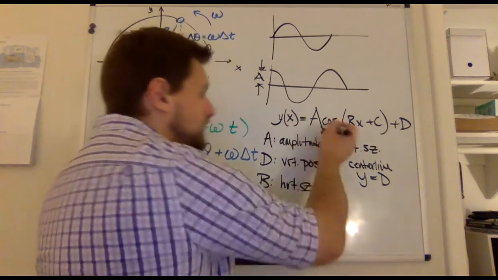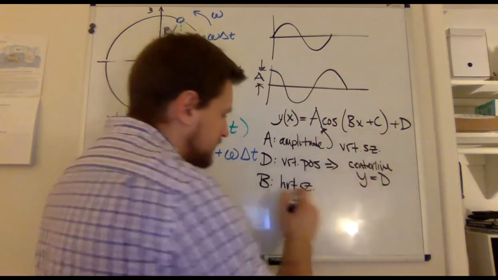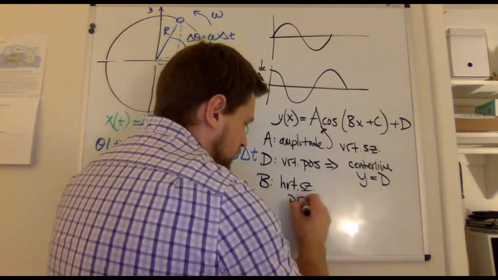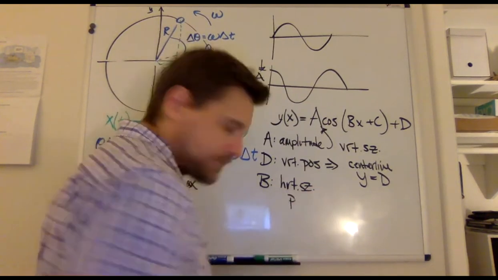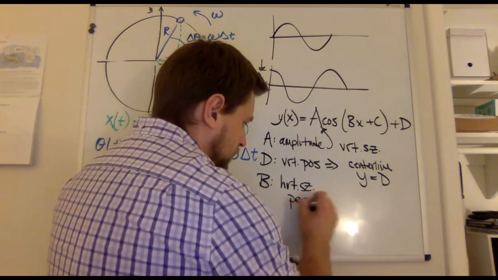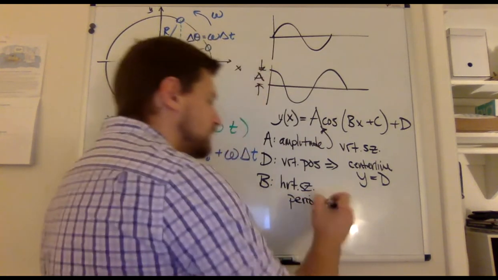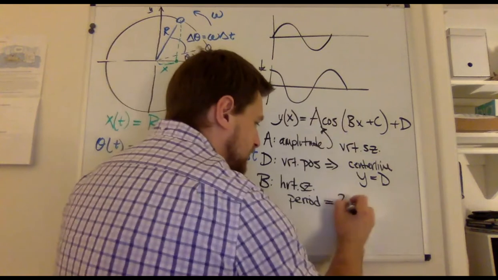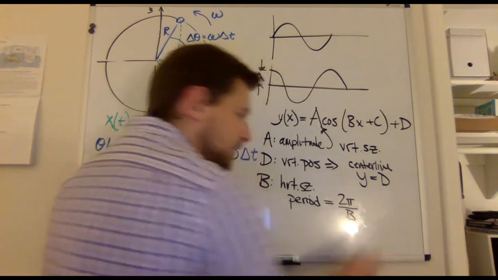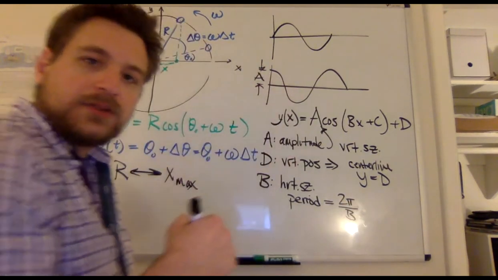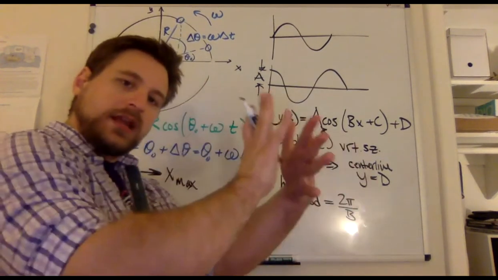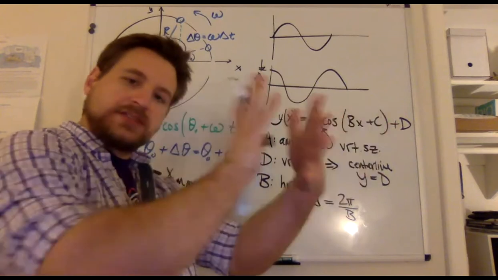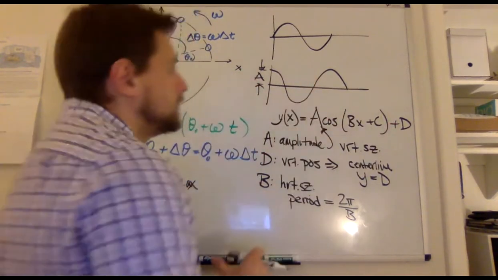And if you remember sine and cosine and their inverse functions, whoops, typo there. The period of a trigonometric function like that is 2 pi divided by parameter b. So the bigger b gets, the narrower the picture. Every cycle takes less horizontal space.